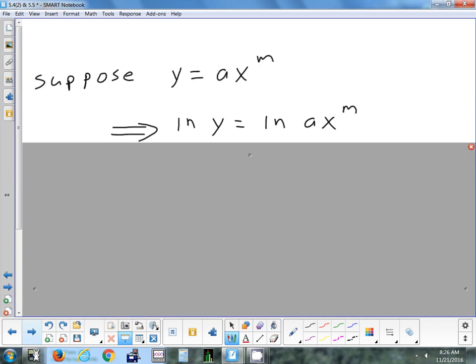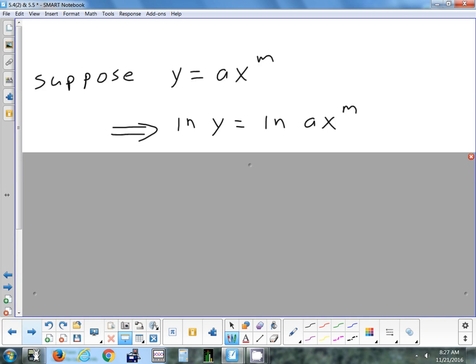Okay, so what I did here is I took the equation we had, and I took the log of both sides, specifically the natural log. Now, once I take the log of both sides, I get ln y equals ln of ax to the m. How does a logarithm with a product split up, if the argument is a product?